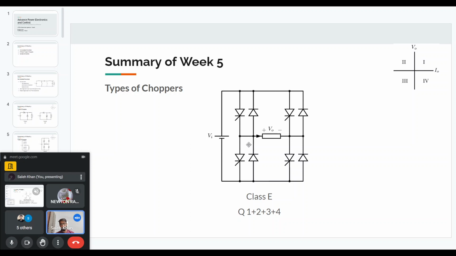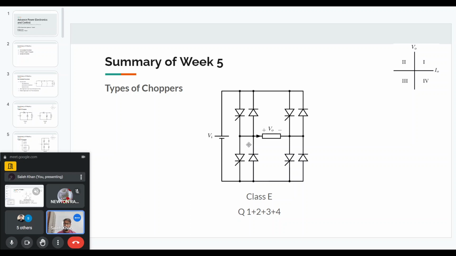And then the motor can be running in the reverse direction, and that is reverse motoring. And if we apply brake in the reverse direction, then that is reverse braking. So these form four regions: forward motoring, forward braking, reverse motoring, and reverse braking. These apply for the four quadrants.